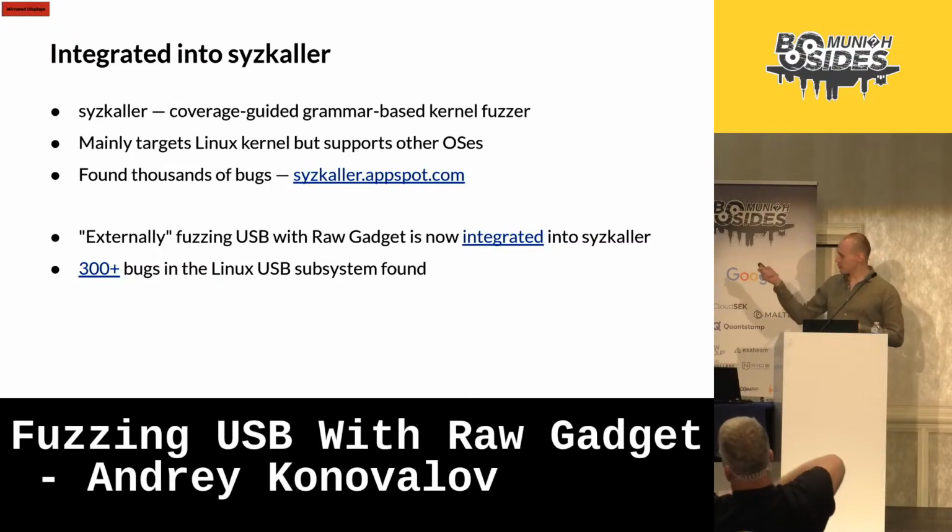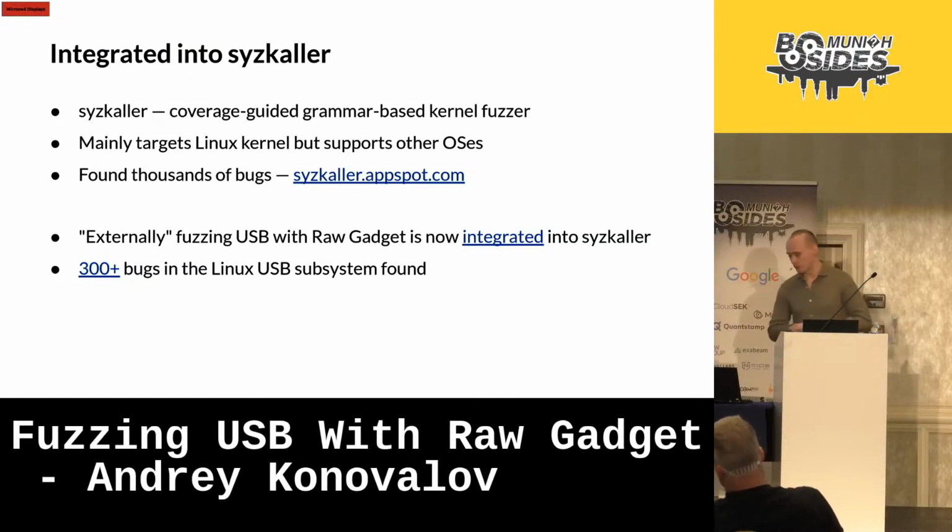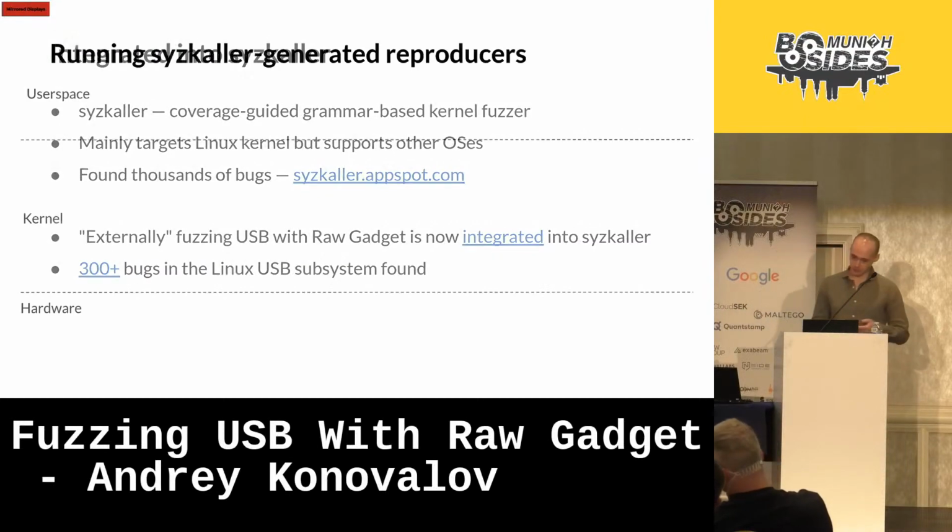So there are 300 bugs, and these bugs affect some of the drivers, but not all of these drivers are present on an actual Linux, for example, in Ubuntu. And when it comes to Android, Android also restricts the set of enabled drivers severely. So maybe only a few of the bugs actually affect Android, but for the ones that do affect Android, I failed to find a way to exploit them, at least so far.